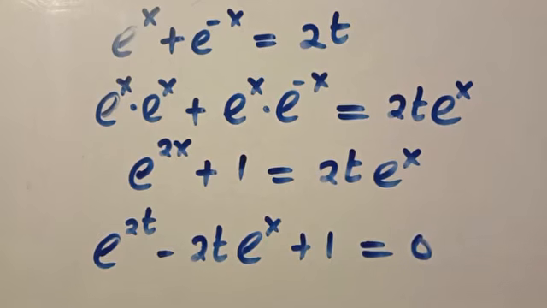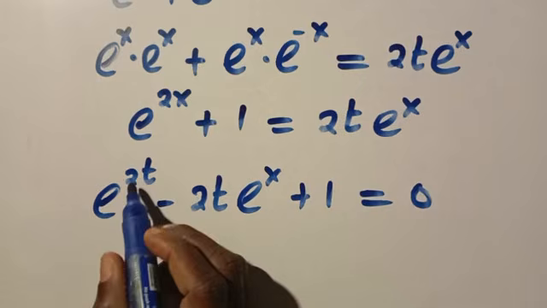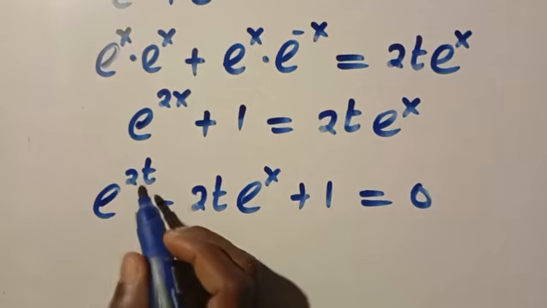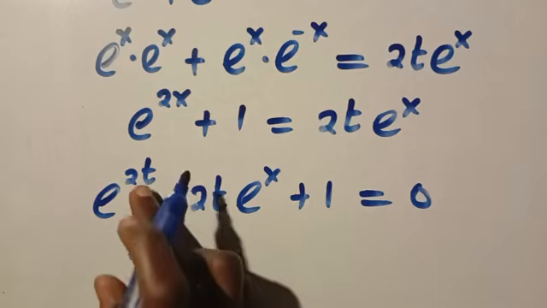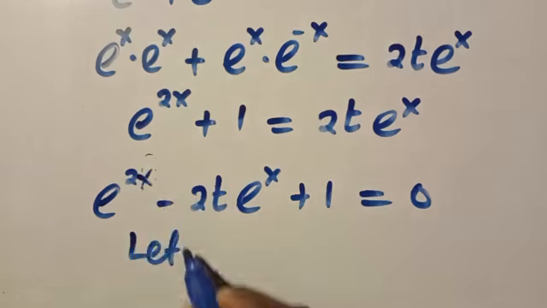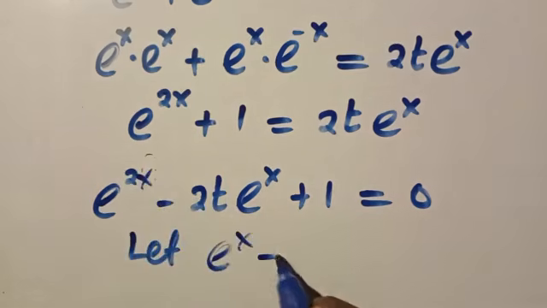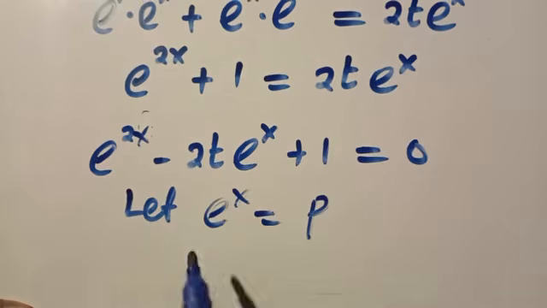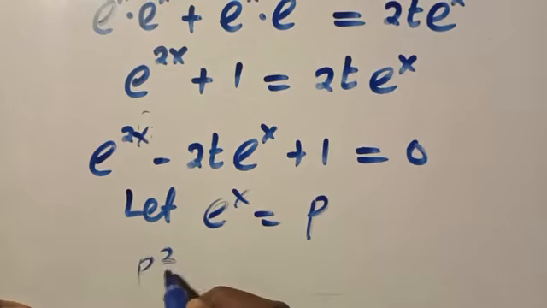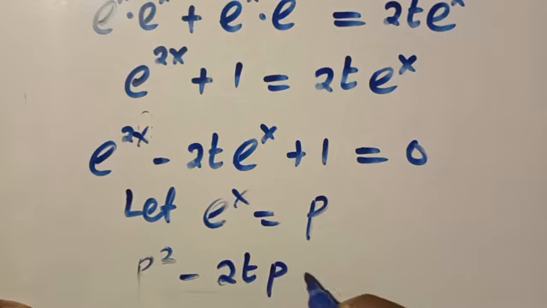This forms a quadratic because the power here is 2. Suppose I let e power x be equal to p, for instance. Then this becomes p squared minus 2tp plus 1 equals 0.